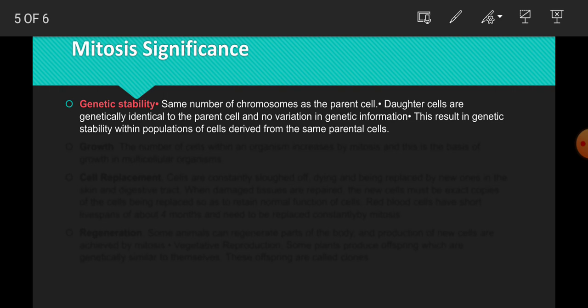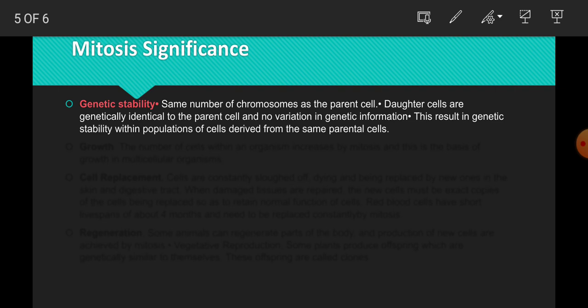And genetic stability remains inside an individual organism, as mitosis participates in the growth of an organism. All of the cells have the same genetic material, and it is because of mitosis cell division.